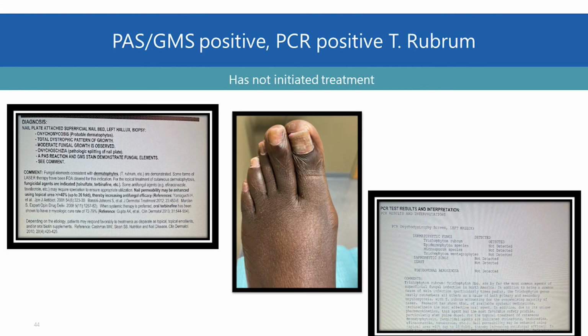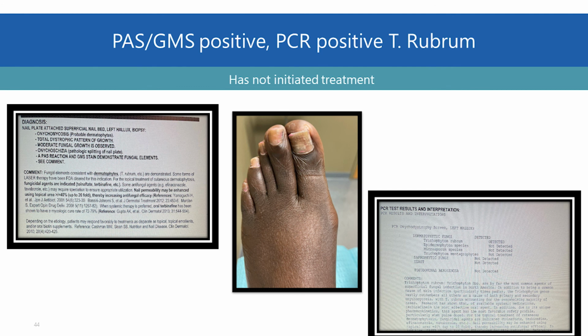And lastly here, my last patient. I saw this patient in my office about 3 weeks ago. Upper left-hand corner, you can see my PAS GMS was positive for moderate fungal growth. And bottom right-hand, you can see my PCR DNA assay was also positive for T. rubrum. Again, T. rubrum and T. mentagrophytes are the organisms that you will see the most.